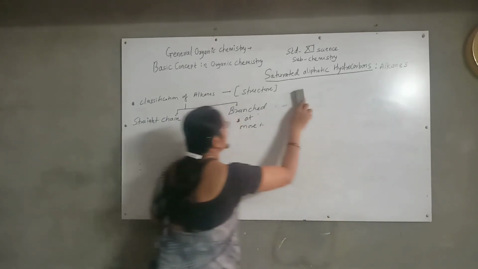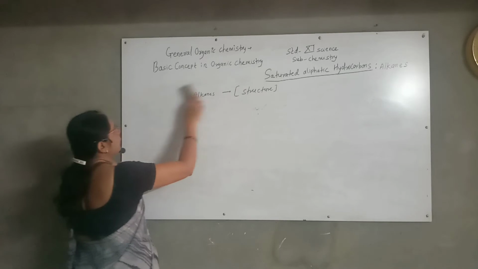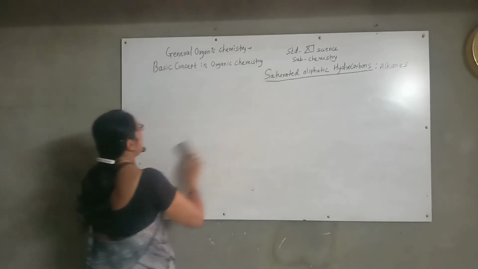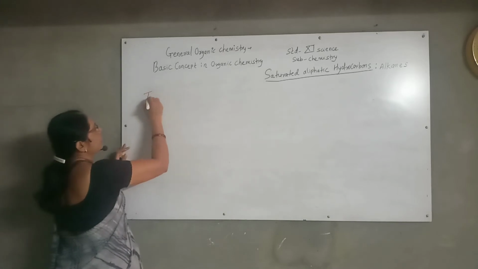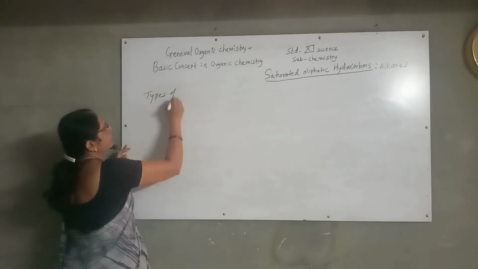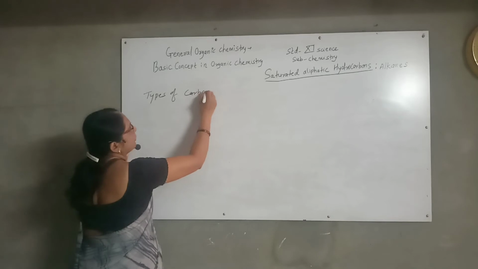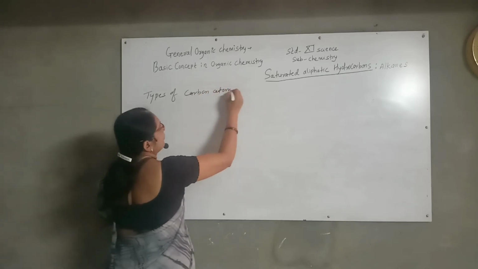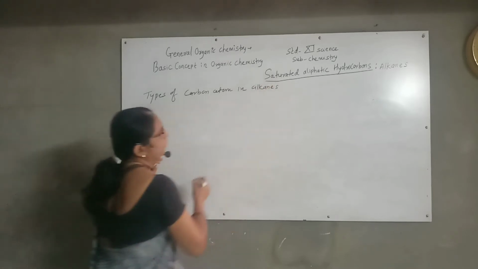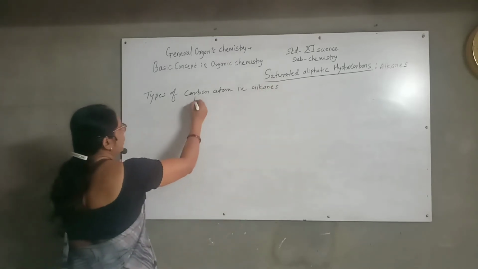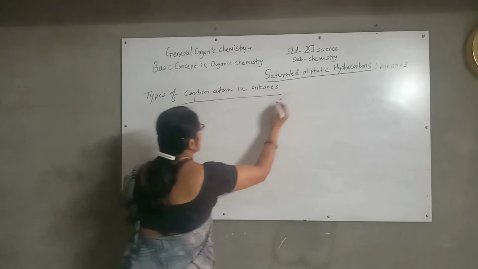Now let us go to the next topic, the types of carbon atoms in alkanes. There are four types of carbon atoms in alkanes.